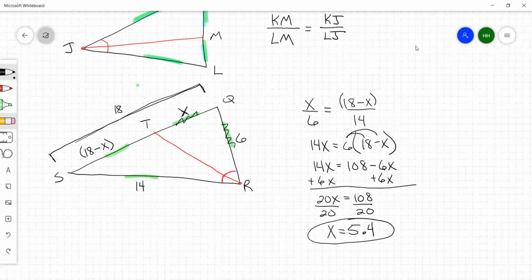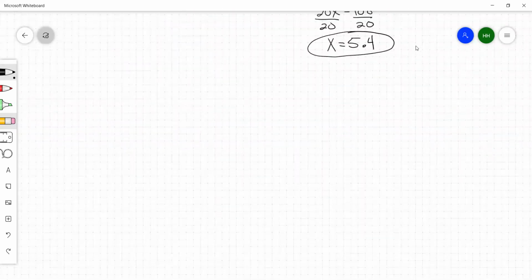Let's do one more of those. Let's say we got this right here.